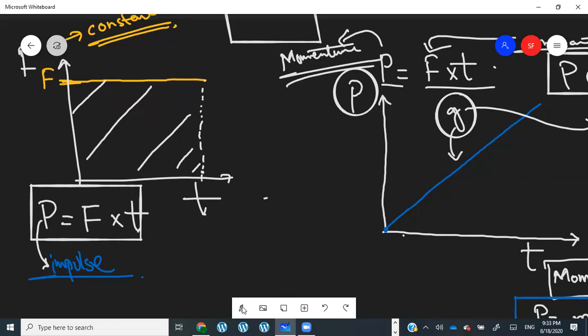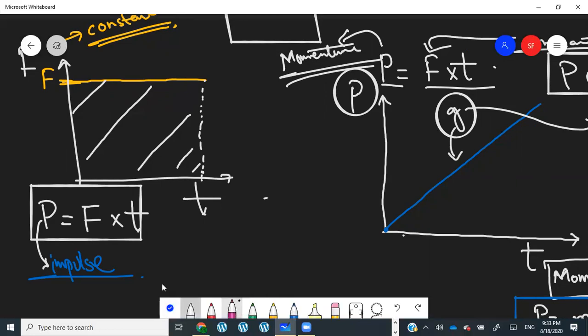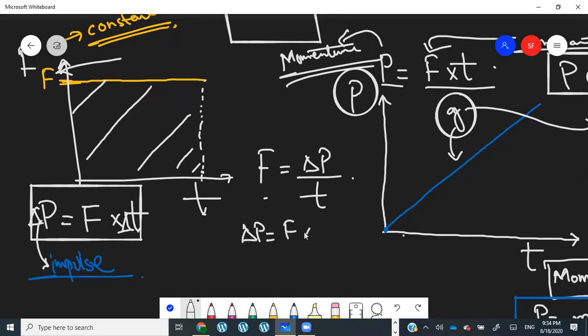It's not a constant value of momentum, but rather a change in momentum, which is equal to force into change in time. If a force is existing, that means that momentum will also be changing, because force by definition means change in momentum. So if you rearrange this formula, change in momentum is equal to force into time.